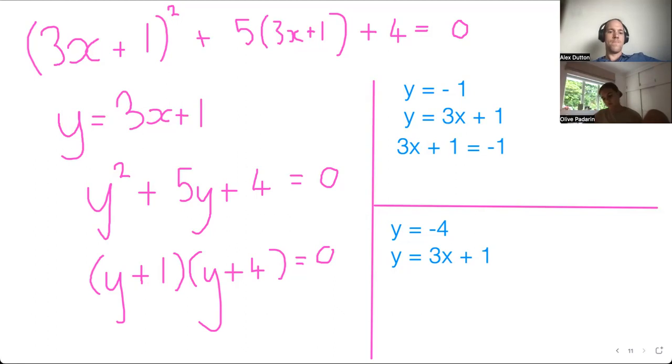I'll replace y equals log 10 of x. Log 10 of x, yeah, exactly.